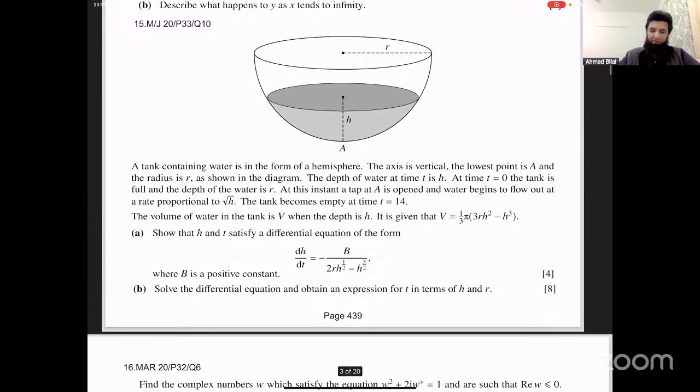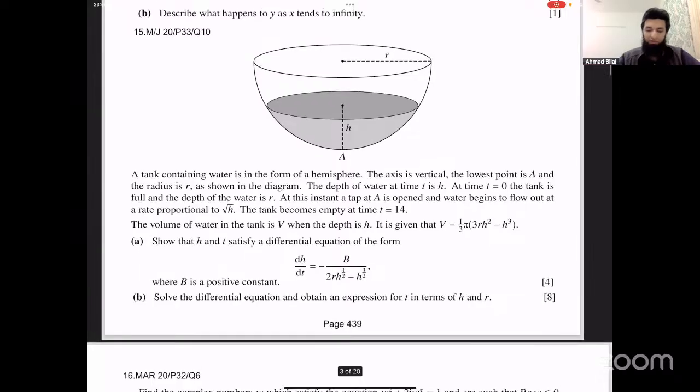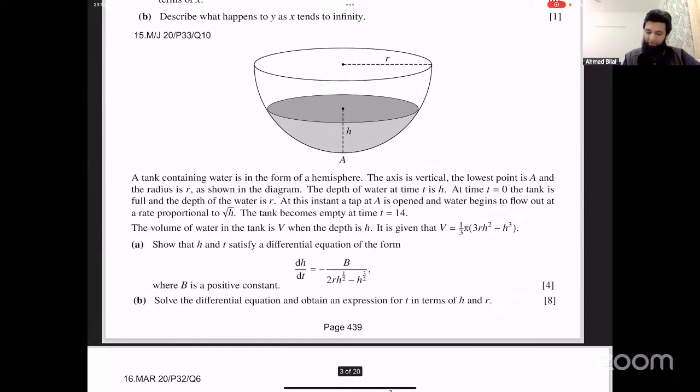Okay, so this looks interesting. This is question number 15 from the worksheet. Let's do this one last question and then we end for today. Okay, let's try this.